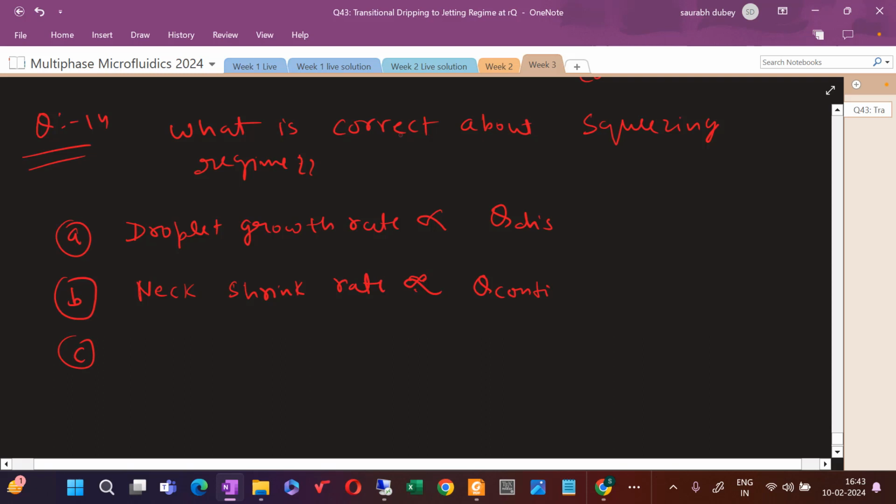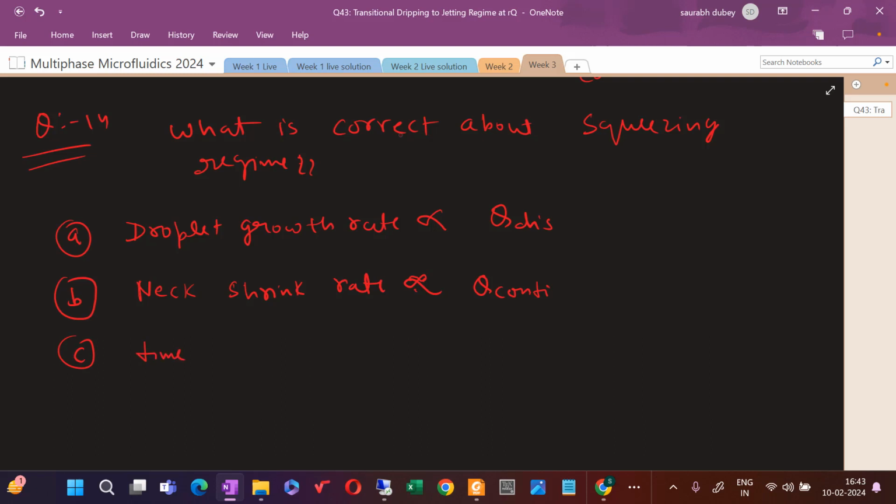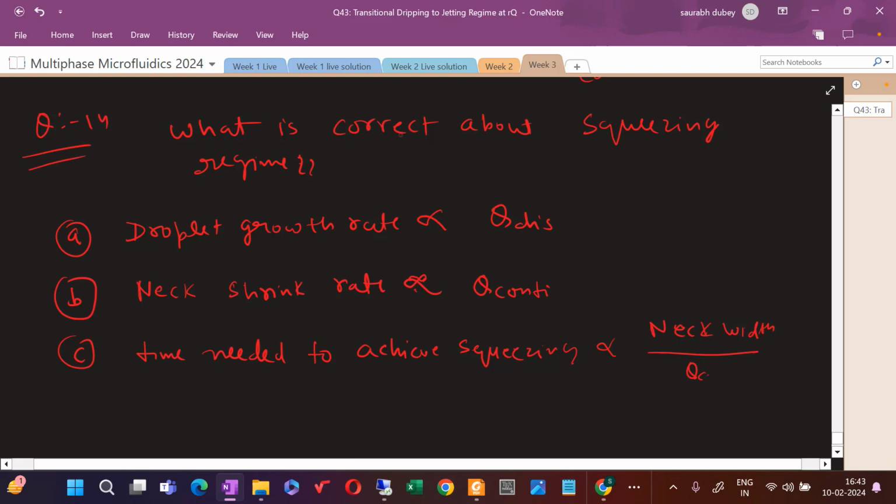Time needed to achieve squeezing is directly proportional to neck width divided by Q continuous divided by AB.